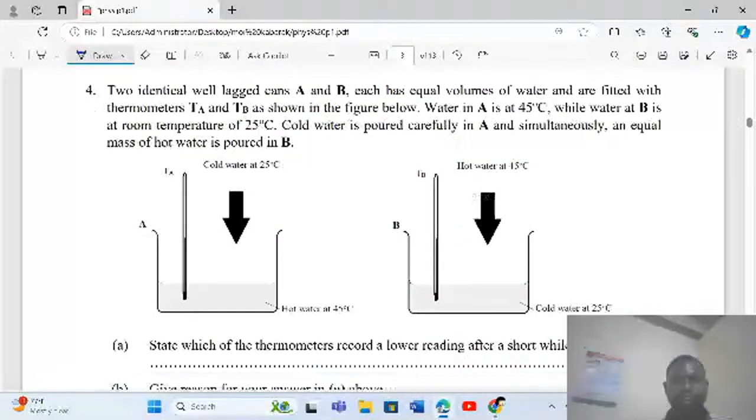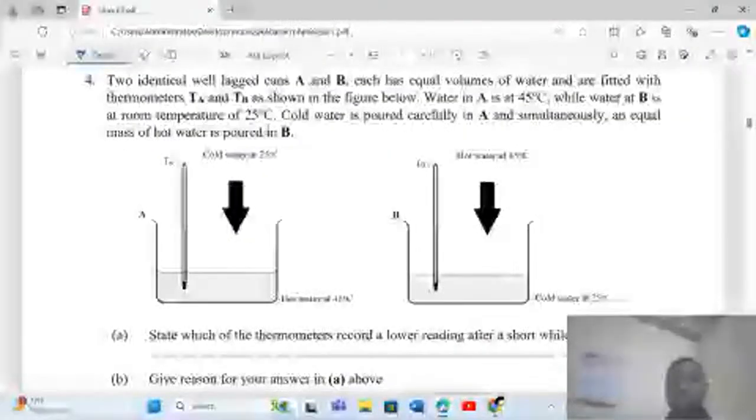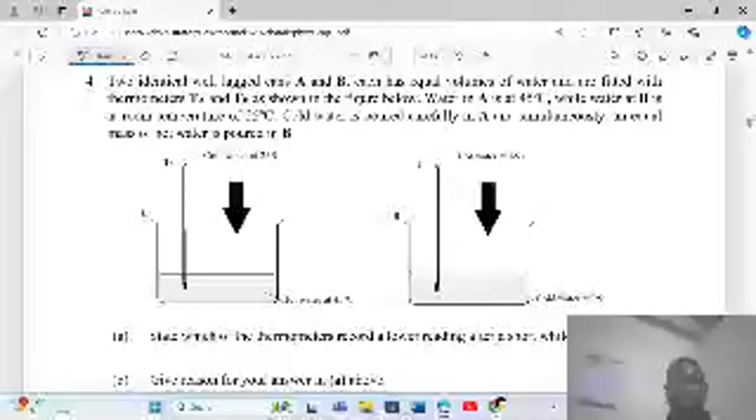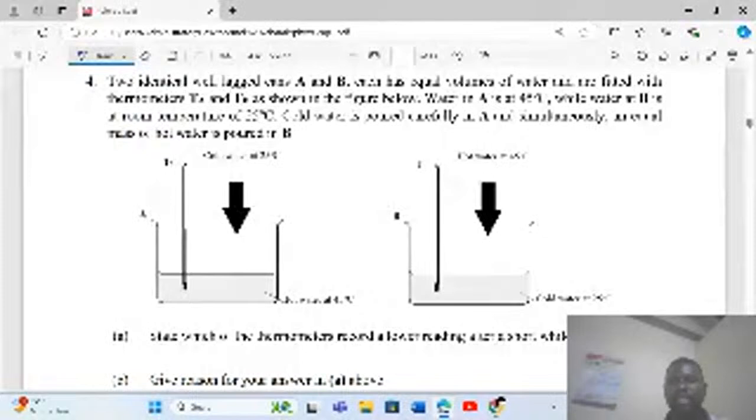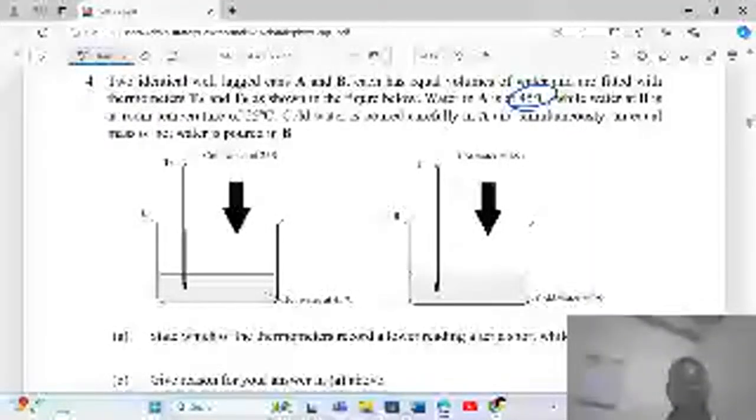Two beakers contain equal volumes of water with thermometers TA and TB, as shown in the figure. Water in A is at 45 degrees. B is at room temperature, 25 degrees.